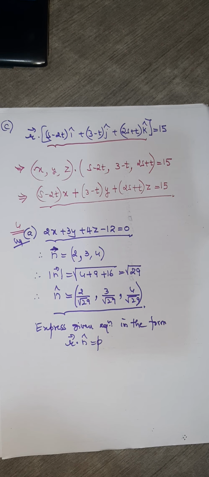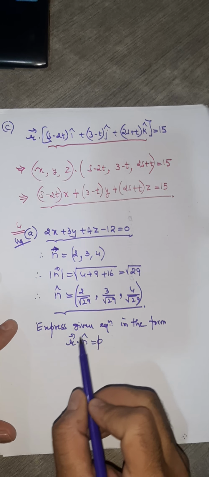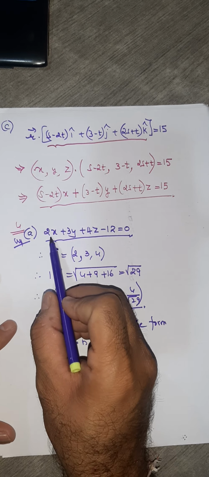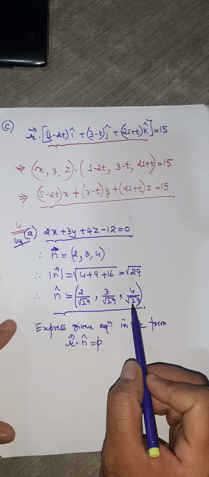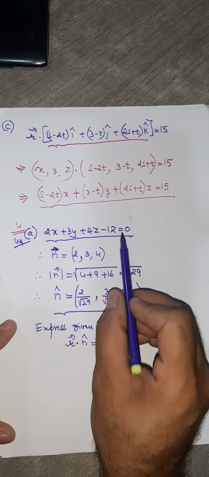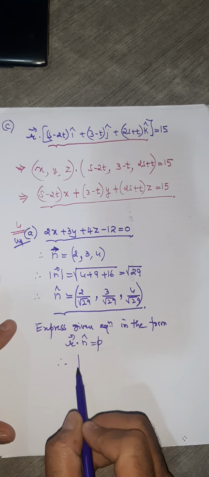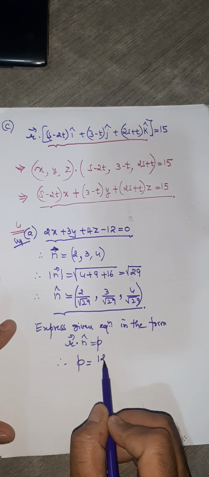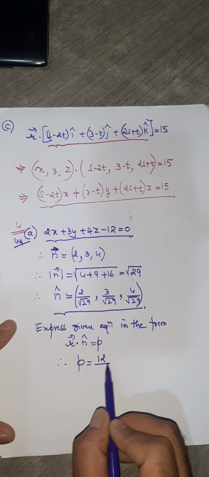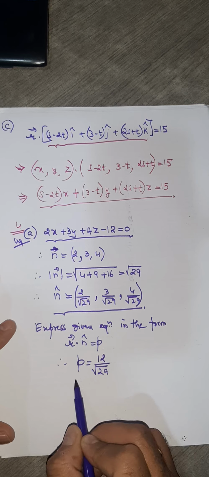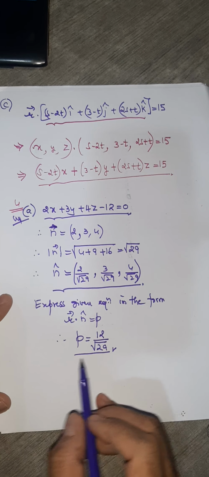That's the perpendicular distance. Or you can do it directly also, whichever you prefer. So to express in this form, I need to divide this expression by root 29. So if I divide by root 29, clearly you can see that p is, taking the constant to the other side, 12 by root 29. So this is the perpendicular distance.